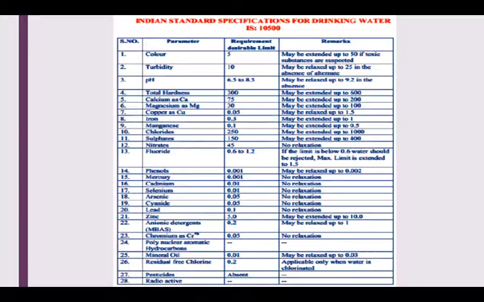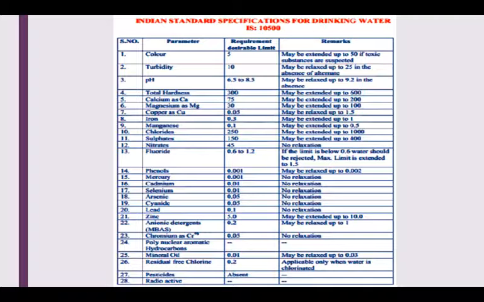Now the parameters, you can see parameters 1 to 28, that is color, turbidity, pH, total hardness, etc., and the desirable limit of each, and the remarks say what maximum value can be used in drinking water. First we can see the color.